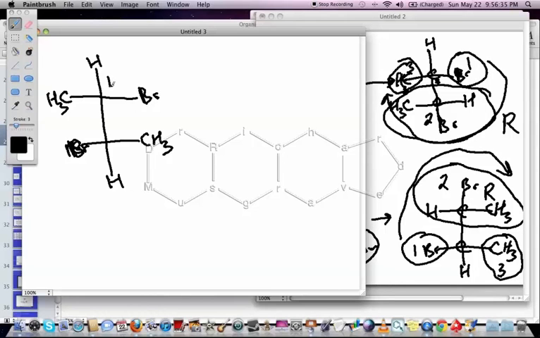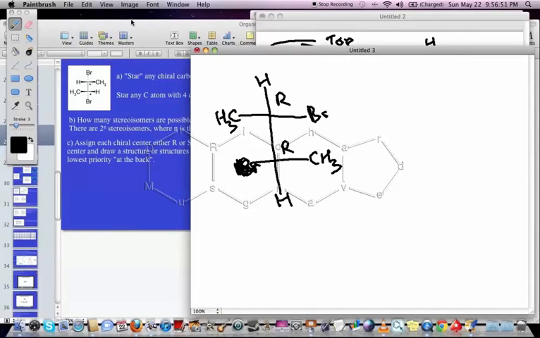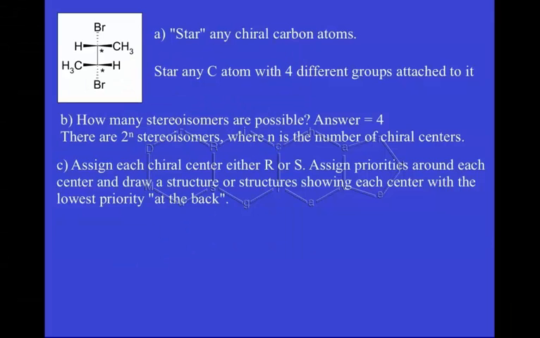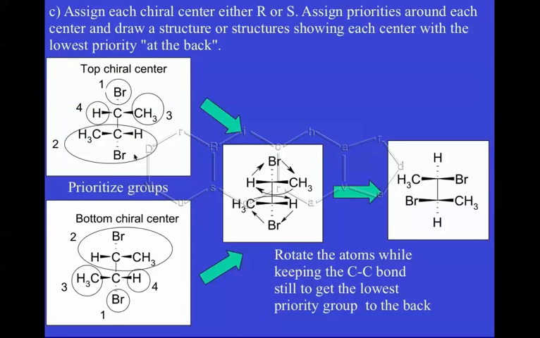This one is R and this one is R. So there's our assigned structure with the lowest priority groups in the back. Alright, you can see I've taken the same approach in that case as well.